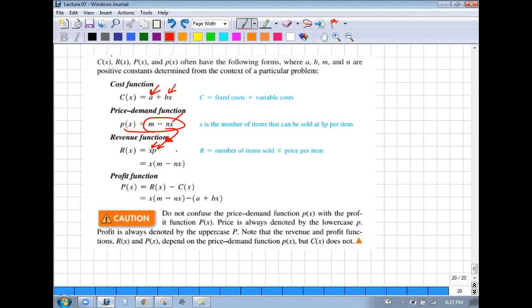But anyhow, if you substitute that in, you can get your price demand function to be all this stuff, in terms of your revenue and your cost. That's your profit, or your profit function, revenue minus cost. They're taking this version of the revenue instead of just xp, minus the cost. You can substitute it in for the m's and the n's. I don't know what m and n are.